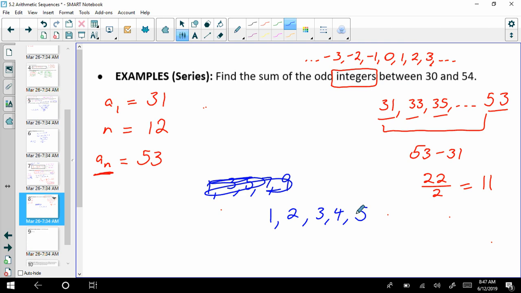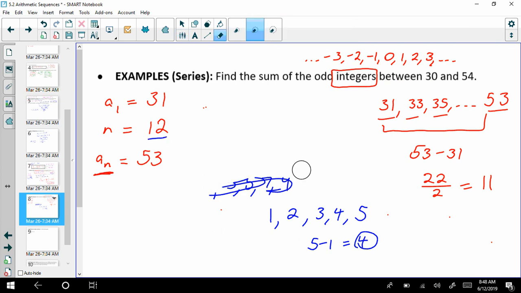And I would say yes, absolutely. If I wanted the quick way of figuring that out, if I did 5 minus 1, I would get 4. But we can see there are not 4 numbers. There's 5. It's 1 higher. Why is that? Well, when you subtract, it doesn't count the first number. So anytime today, if you're finding n and you do it from subtracting, just know n is going to be 1 higher. So that's why n is 12.